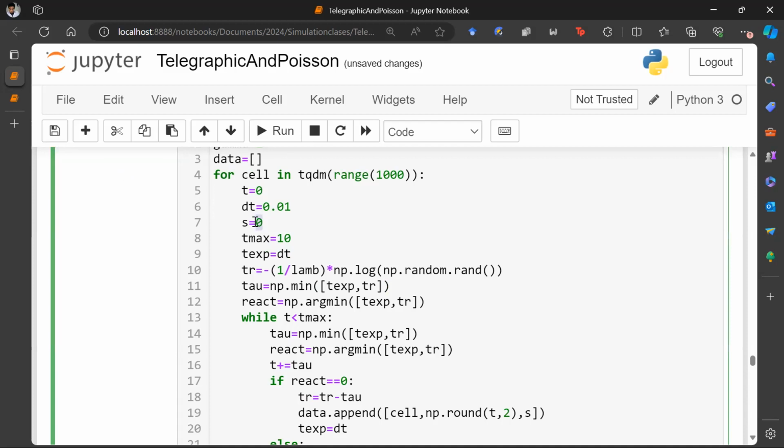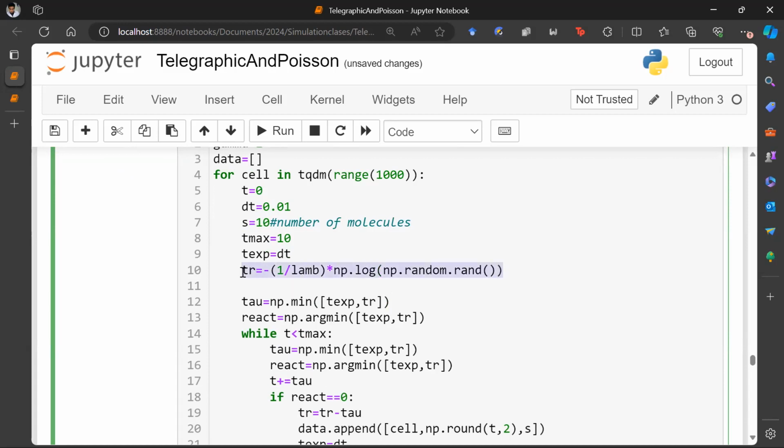And let's say we start with 10 molecules. We're going to call S the same as the number of molecules. We can start from any number, but let's start with 10. And the second reaction is going to be something very similar.